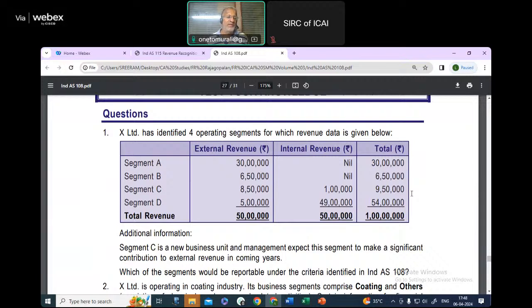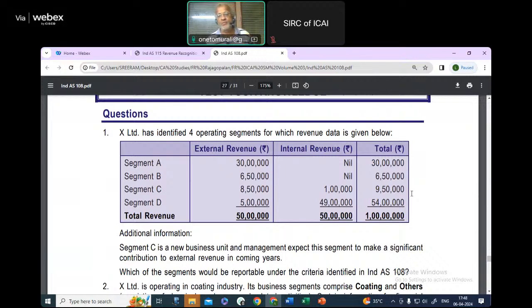Segment A, segment B, segment C, segment D. External revenue 30 lakhs, 6 lakhs, 50, 8 lakh 50 and 5 lakhs. Internal revenue nil, 4 lakhs and 100,000, 49 lakhs.